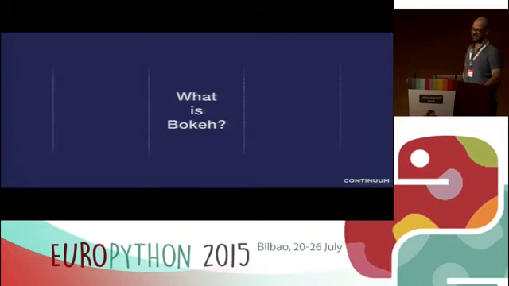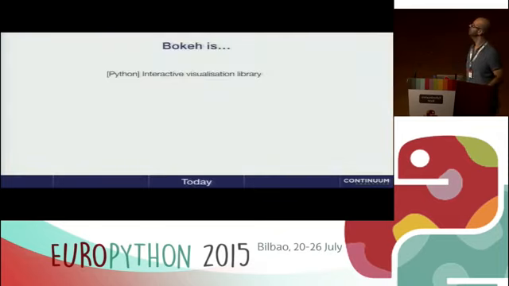So what is bokeh? Another question: who here is more into the scientific or PyData branch of computing? Okay, and who here is more of a web geek? Okay, cool. The numbers are changing over time, so this is good. What is bokeh? Bokeh is an interactive visualization library.